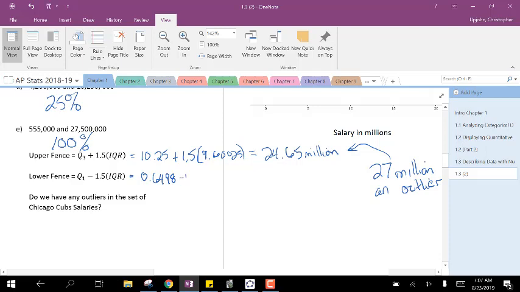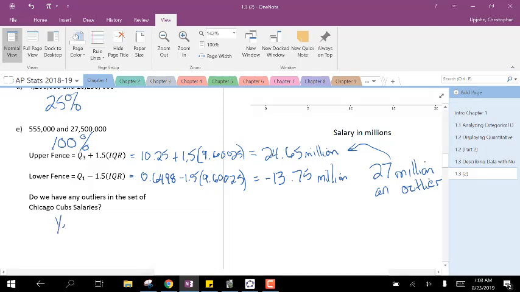Now minus 1.5 times 9.6025. And when we calculate that, we get negative 13.75 million. I don't believe there is anybody playing for the Cubs who is being paid less than negative $13 million this year, where they're taking $13 million from them.